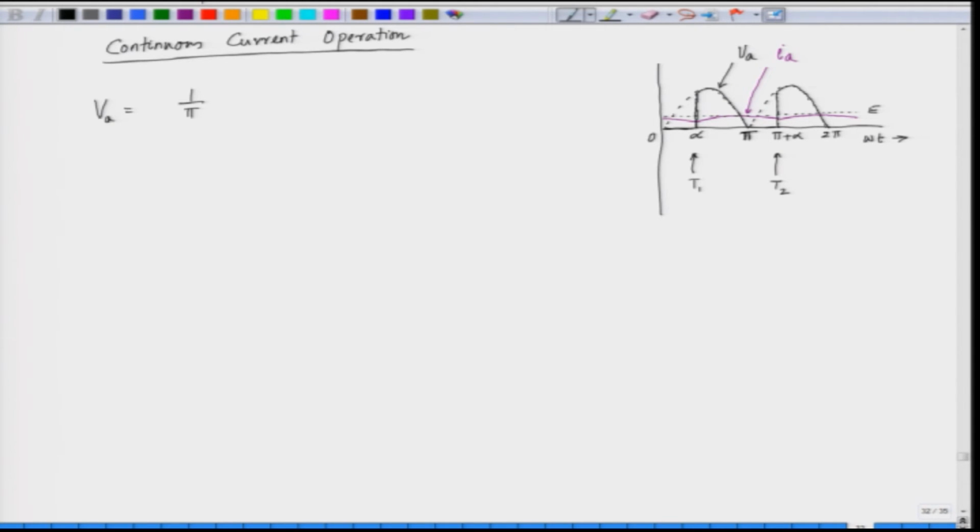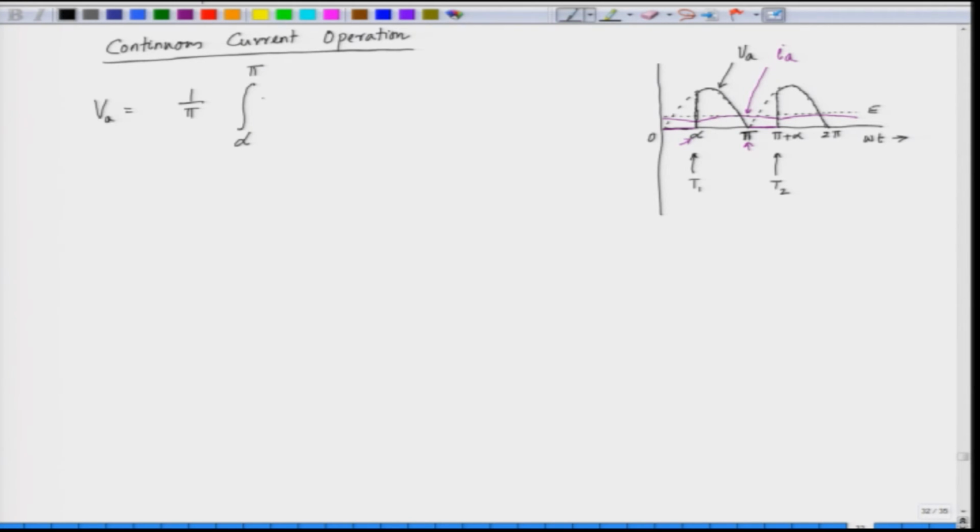So, we can integrate just from alpha to pi, because from pi to pi plus alpha the voltage is 0, and again from 0 to alpha also the voltage is 0.